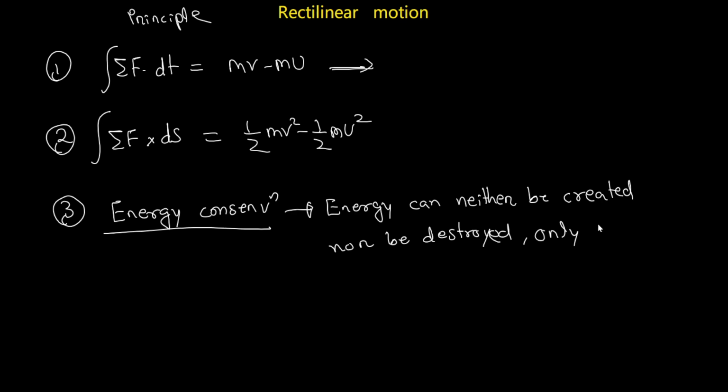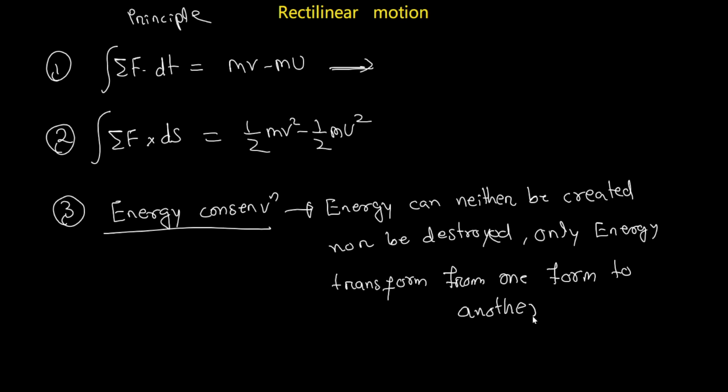Only energy transforms from one form to another. That means he's saying you can change kinetic energy into potential energy into kinetic energy. You can change any energy, but you cannot create or destroy energy. Okay, this is the energy conservation you have to apply between 2 points.